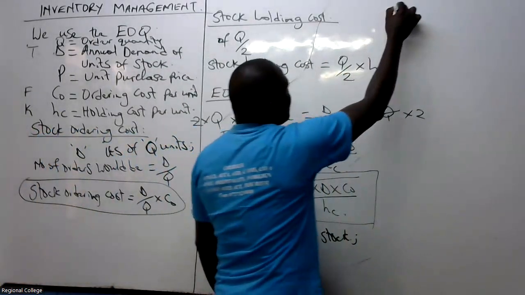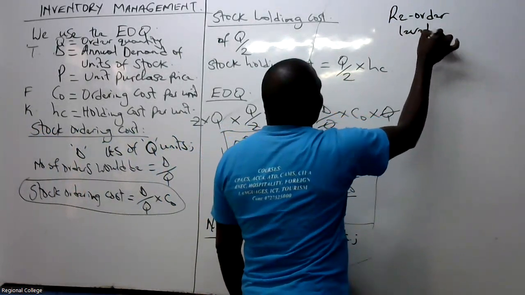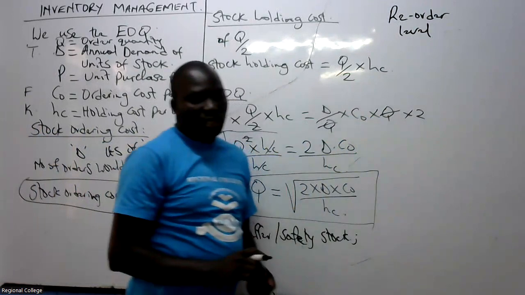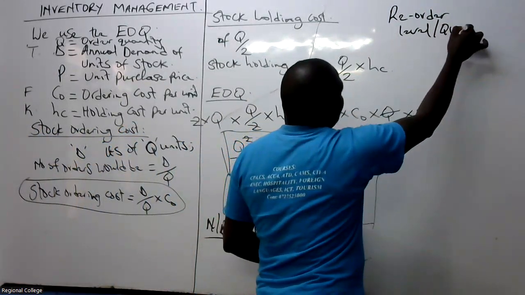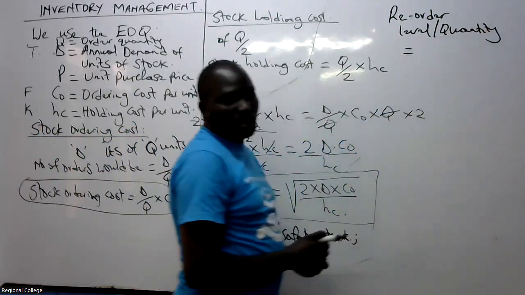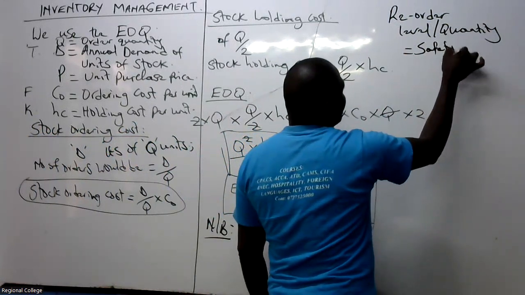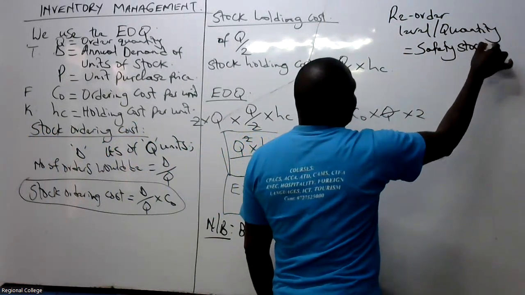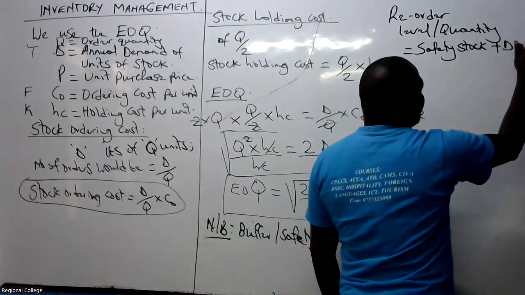So if we have balance stock for the company, the order level forms part of the average stock. Then we say we have an order level. The order level equals the safety stock, your buffer stock, then we add DDLT.